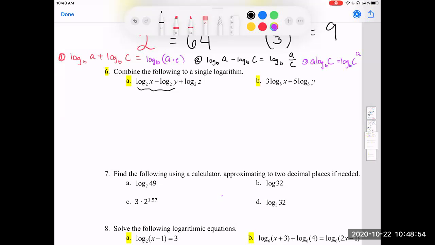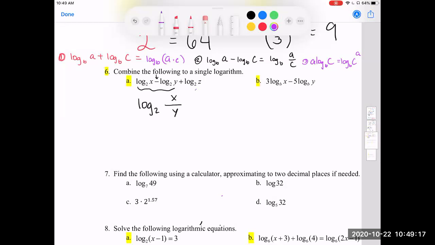I want to start by taking those first two, and I see that they have a log base 2, and I want to write them with one log. So I have log base 2. Because they're being subtracted, I can interpret that as division, first divided by second. So x divided by y.